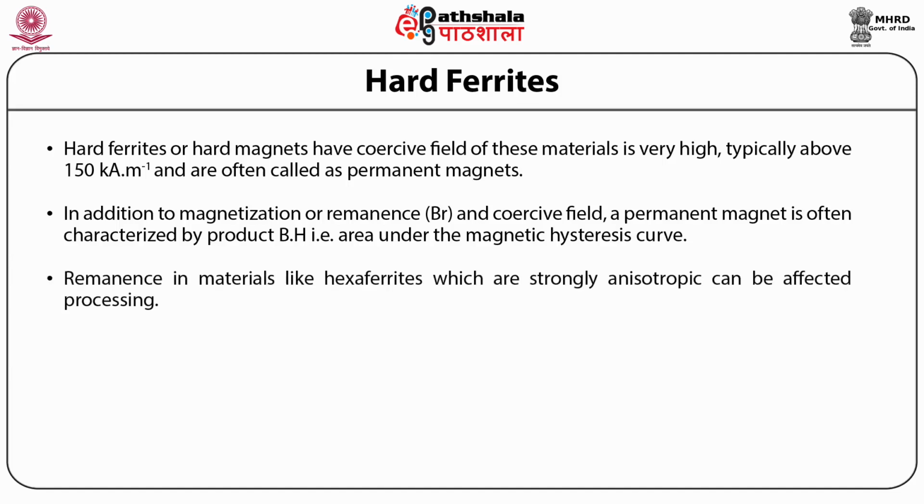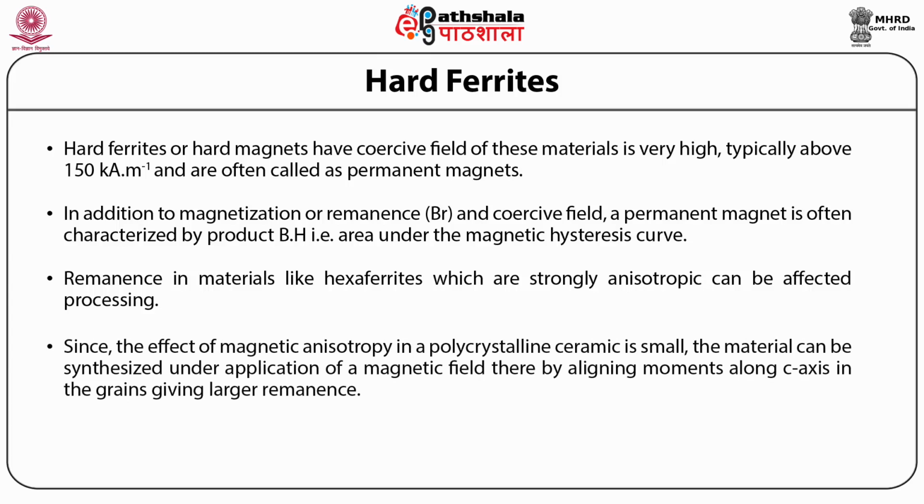Remanence in materials like hexaferrites, which are strongly anisotropic, can be affected by processing. Since the effect of magnetic anisotropy in a polycrystalline ceramic is small, the material can be synthesized under the application of a magnetic field, thereby aligning the moments along the c-axis in the grains, giving larger remanence.